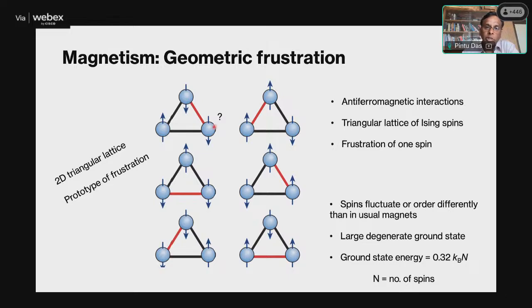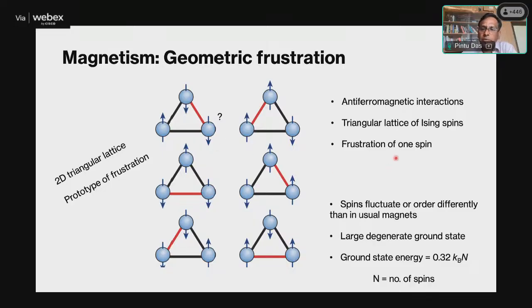So please remember that we are talking about antiferromagnetic interaction and a triangular lattice. But you can imagine that if instead of a triangular lattice you have a square lattice, for example, then all these interactions would be satisfied. So we will not see this frustration in that case.